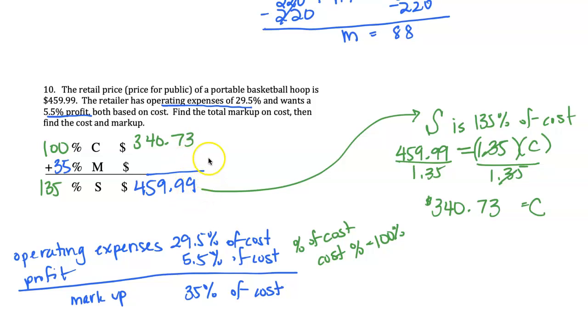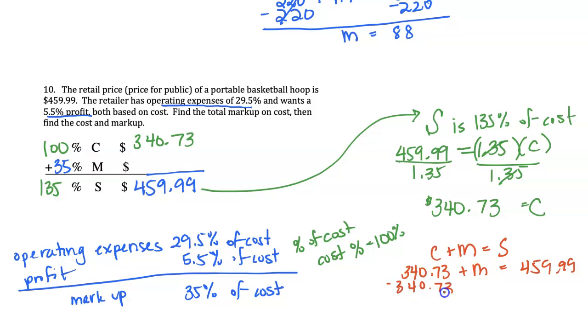And then we can work backwards with subtraction, or we can use that last equation, cost plus markup equals selling price, and fill in what we know. And we end up needing to use subtraction to get the markup alone. With our subtraction, I have a markup of $119.26.